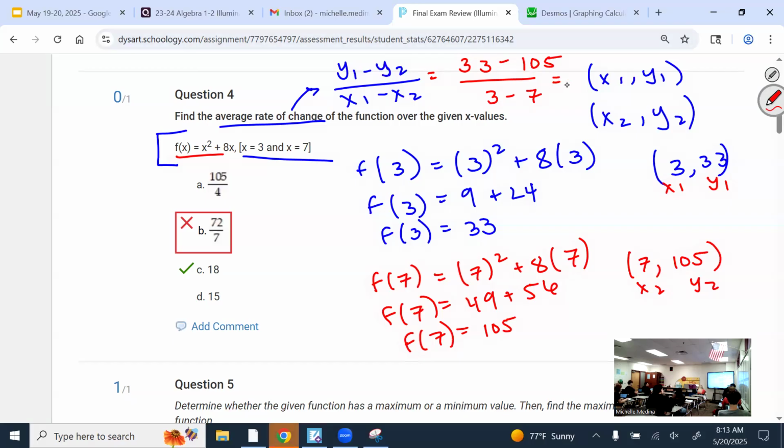And then do the math. 3 minus 7 is -4. On the numerator, it is something I need to calculate. And then divide that, and it should match one of them. A negative divided by a negative will make a positive. So negative 72 divided by negative 4 is a positive 18.